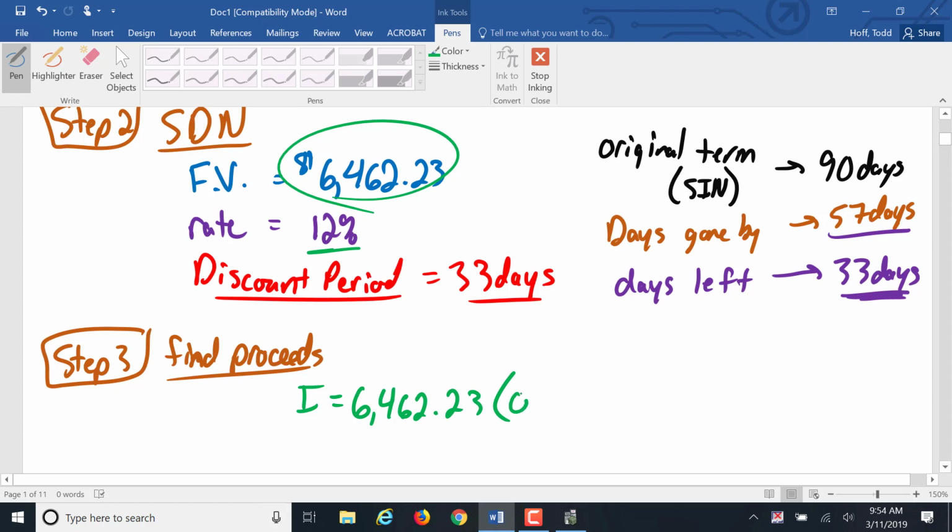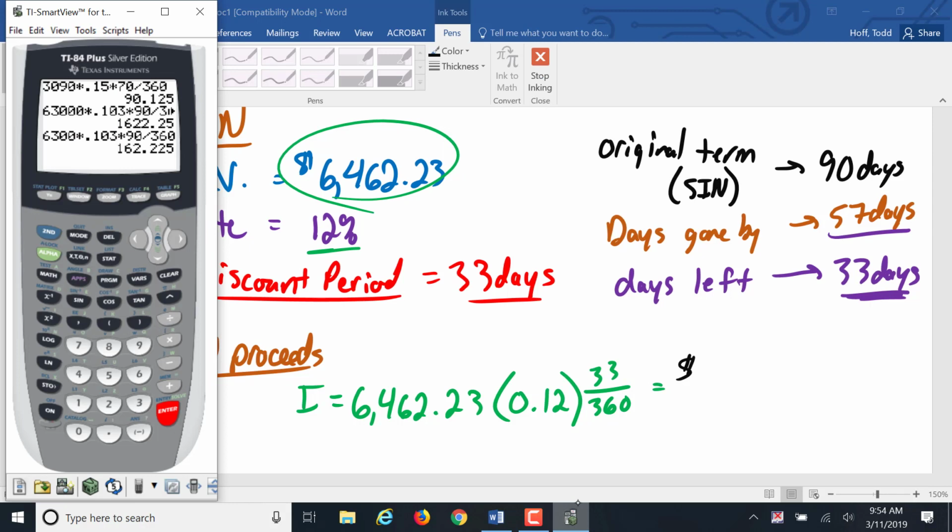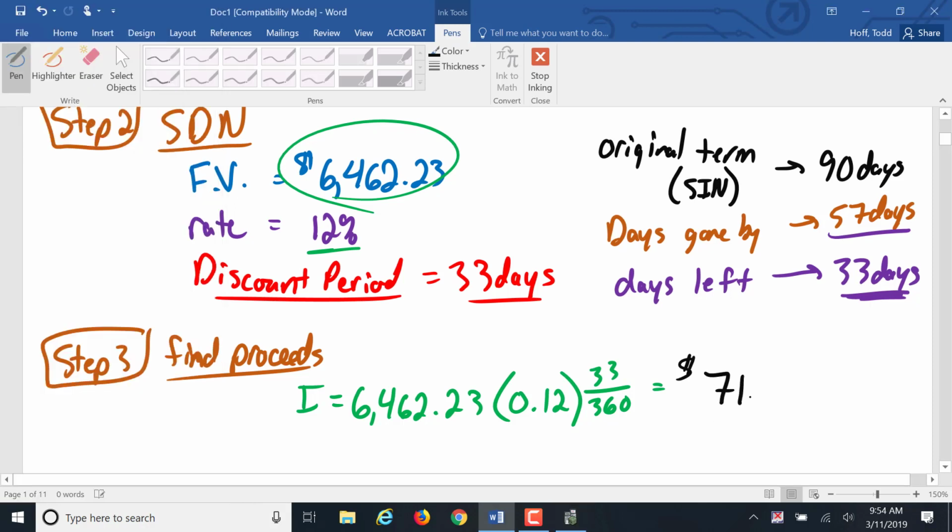Rate, the bank's discount rate is 12%, so 0.12. And our time is 33 over 360. So 6462.23 times 0.12 times 33 divided by 360 is $71.08. That's the bank's discount.